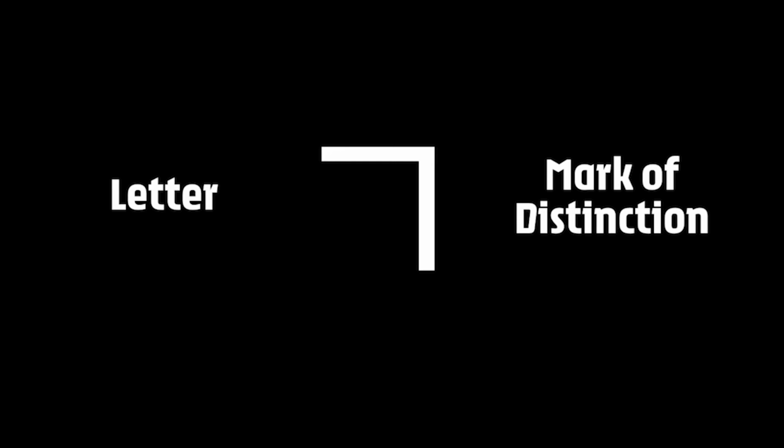And if you think about what a mark of distinction is, then I think that is what a letter is. Because the A is distinguished from the B, because it's not the one is the A and the other is the B. So in that way, I believe that you can understand what we see here as the letter. So not letter A, not letter B, but the letter.